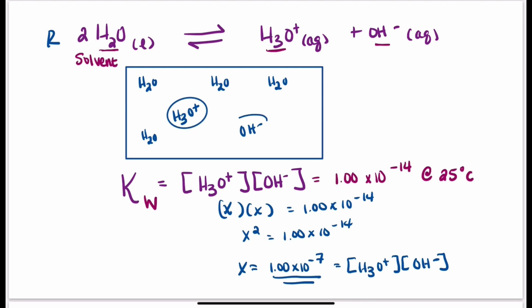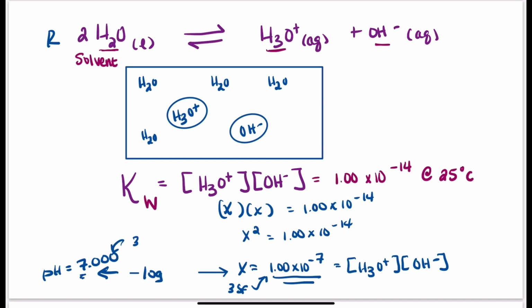So at a neutral pH, meaning no excess of acid or base, just straight water, pure water, I have the same amount of hydronium as I do hydroxide. If I take the negative log of this, that's where I get the pH equals 7. Sig figs, there's 3 sig figs here. I need 3 decimal places here.